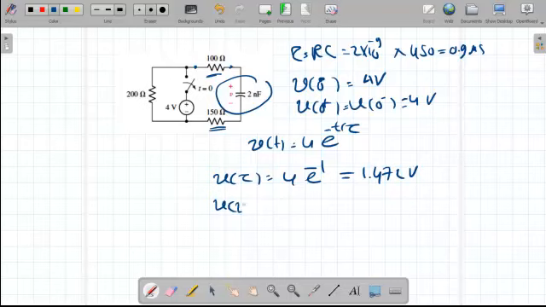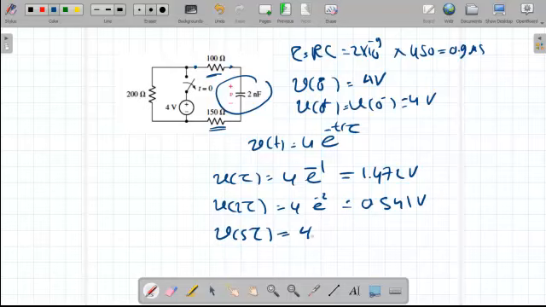V at 2 tau equals 4 e to the minus 2, so it equals 0.541 volt. V at 5 tau will equal 4 e to the minus 5, so 0.027 volt.